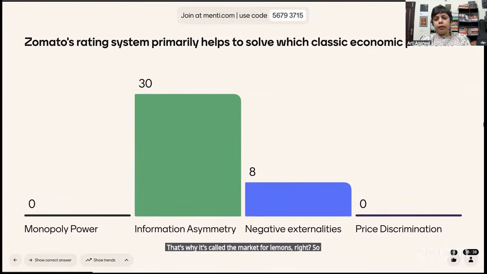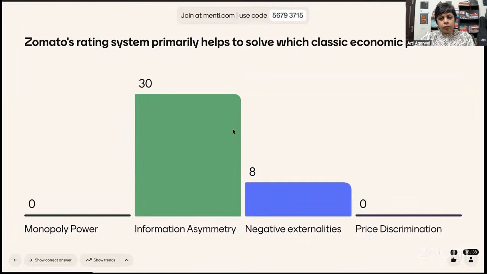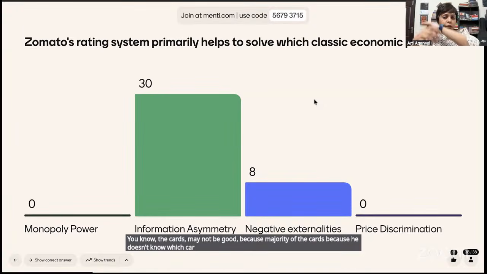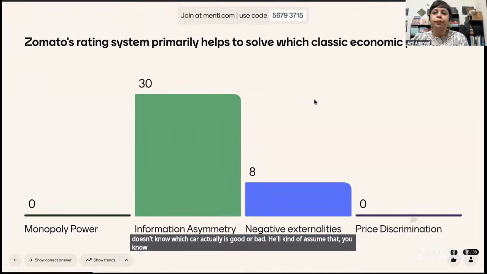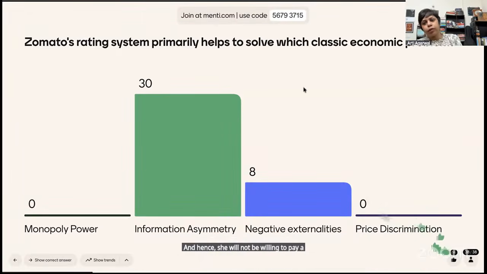So in this automobile market, the buyer is at a disadvantage, right? If the buyer doesn't know which car actually is good or bad, he'll assume that the cars are not very good, and hence he will not be willing to pay a premium price for the cars.